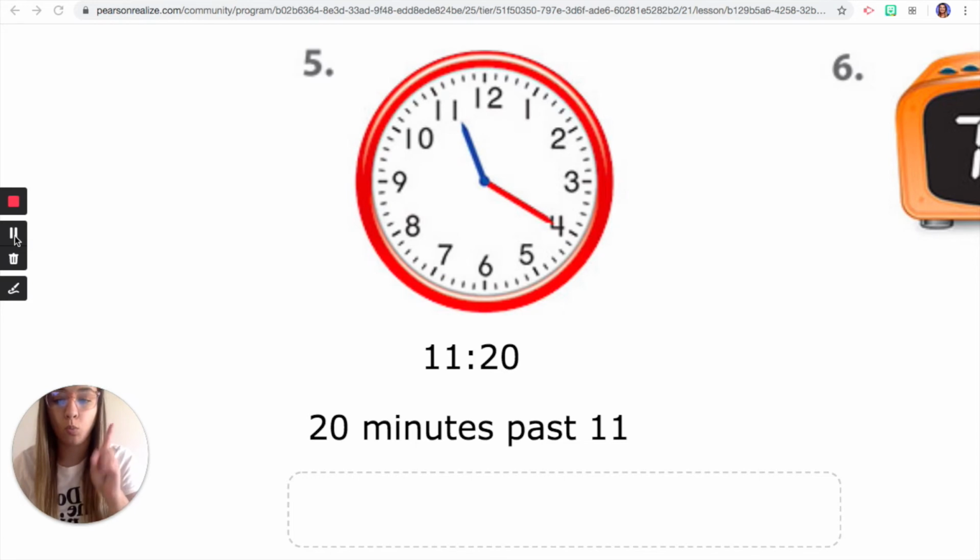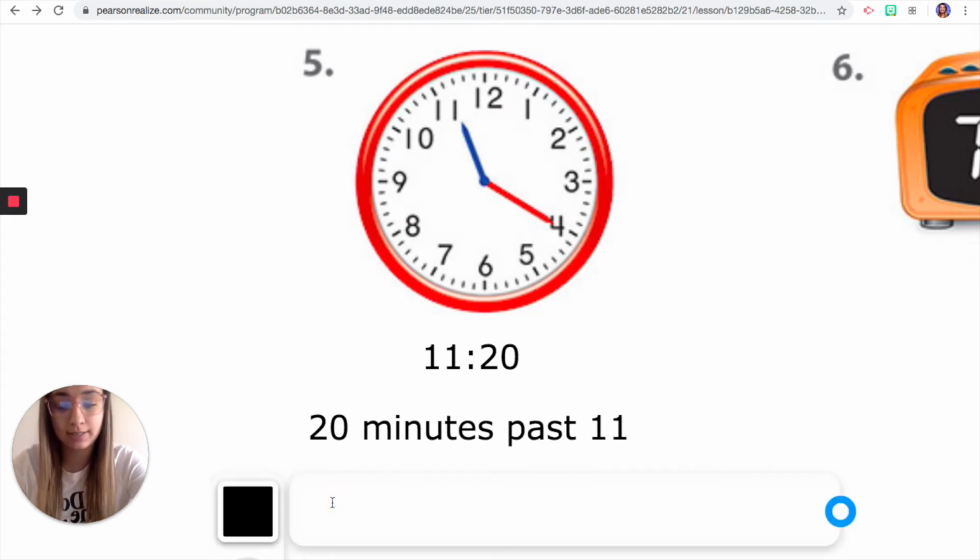Okay, so there's one more way. So the third way that we can write this time, what it wants us to do is count how much time is left until the next hour. So I'm going to go ahead and do that. So we have 5, 10, 15, 20, 25, 30, 35, 40.